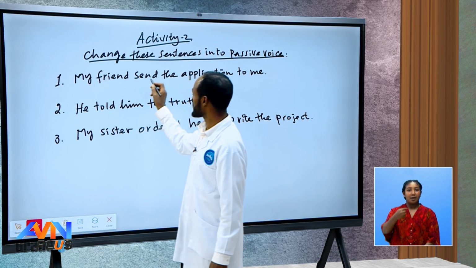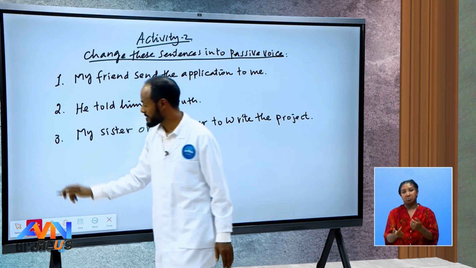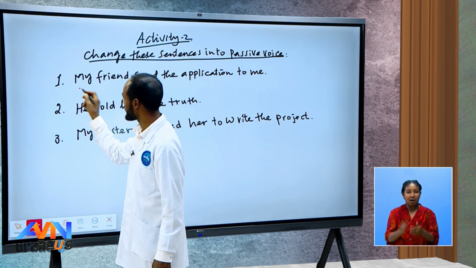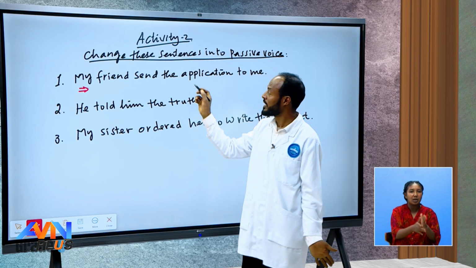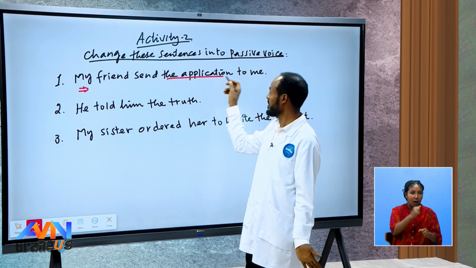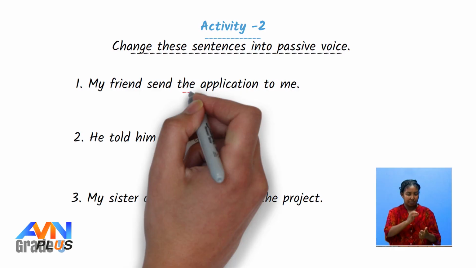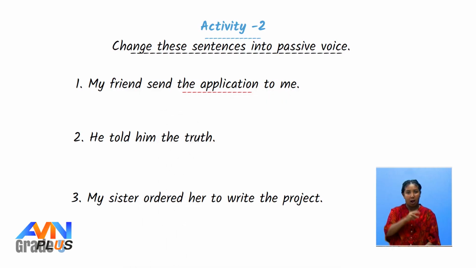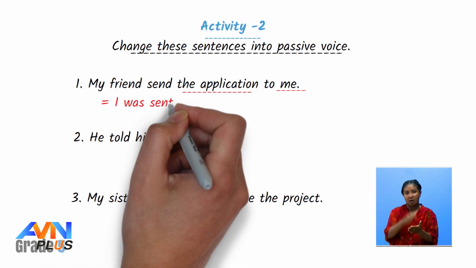My friend sent the application to me. So in this sense, we're going to identify that. First of all, we have to start from which? The application or me. If you want to start from I, you can say I was sent the application.